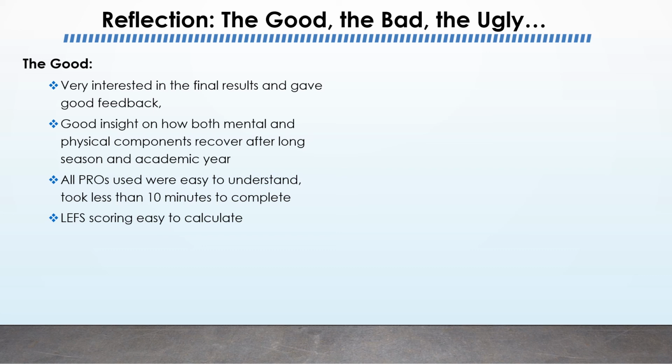The PROs were easy to understand. They took less than 10 minutes to complete, and the LEFS score was very easy to calculate, especially with the website. I felt it gave me a good snapshot into the patient-related functional perception, and it almost facilitated a conversation with my patient about what area they felt they wanted to focus on the most.